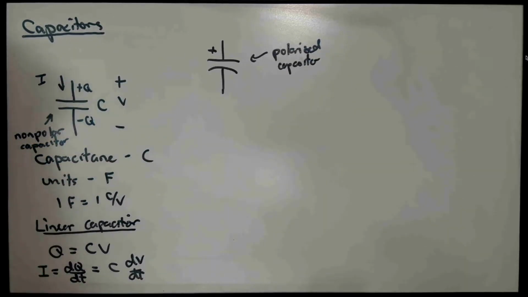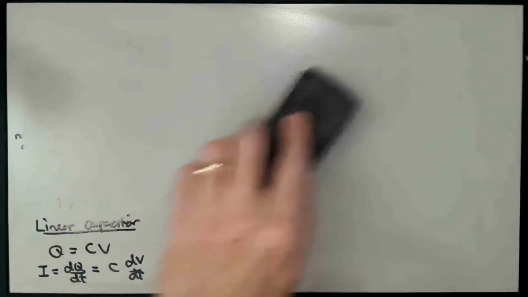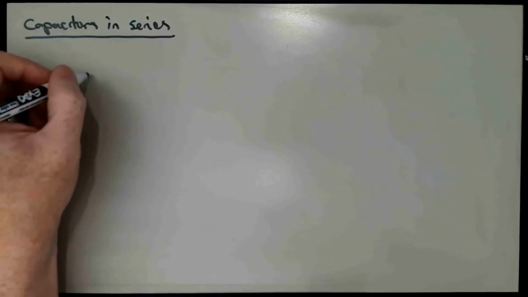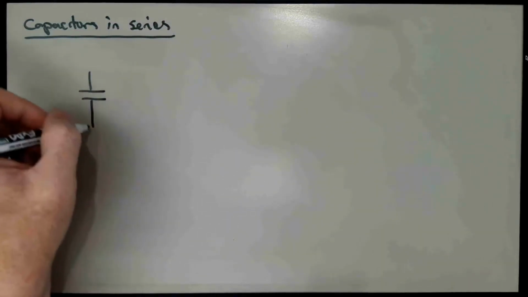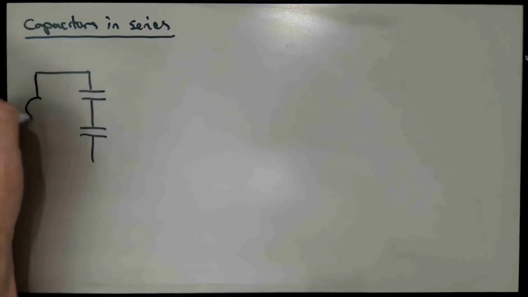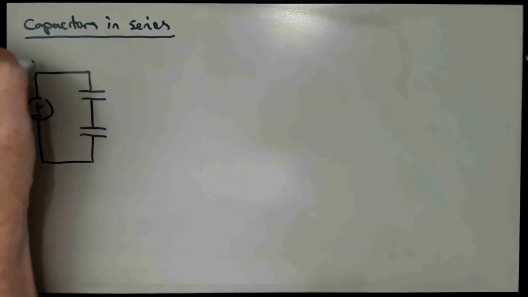Okay. So we want to talk about capacitors in series and parallel. Let's talk about capacitors in series first. Just like we did for the resistor, we're going to put two capacitors in series with each other, with some voltage across the two and some current flowing in.